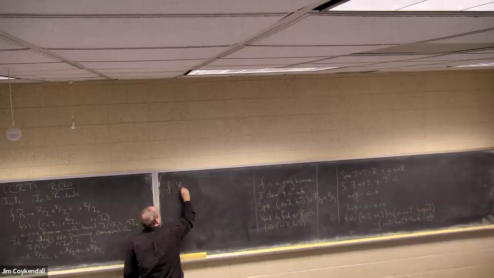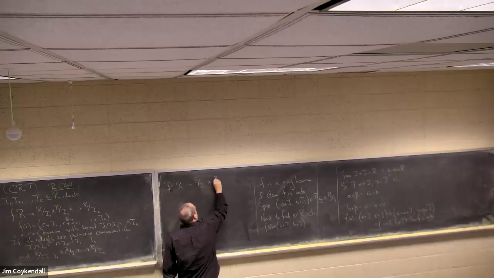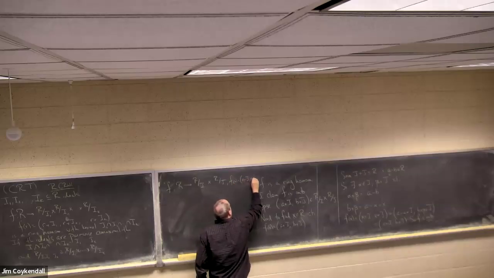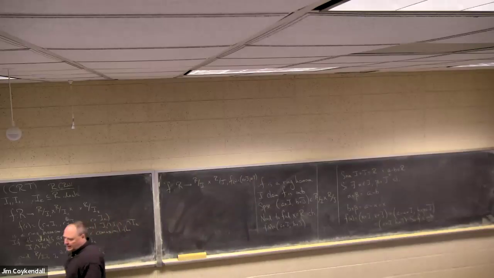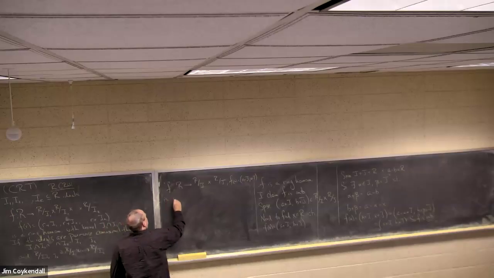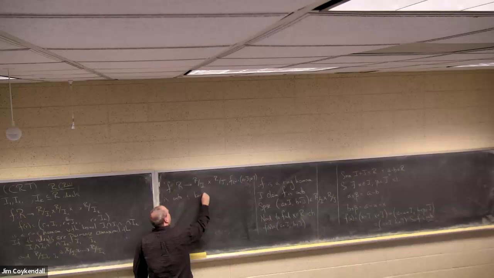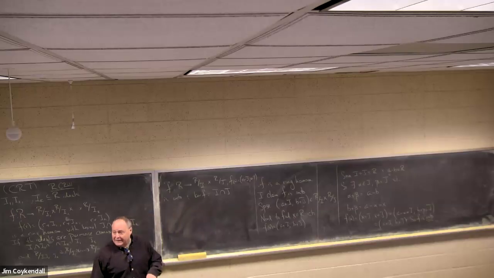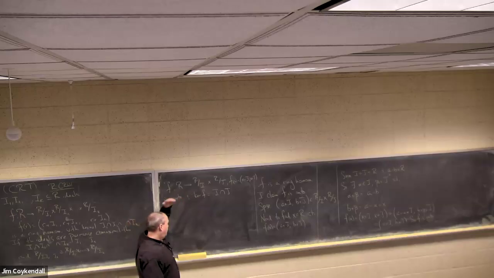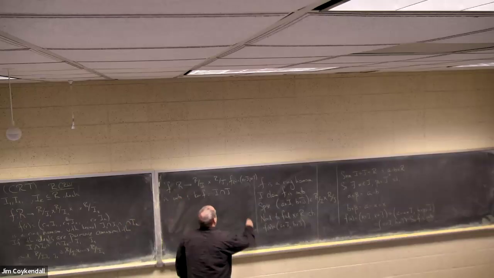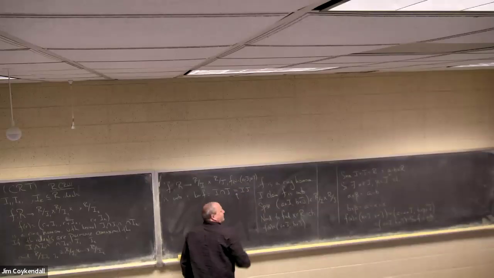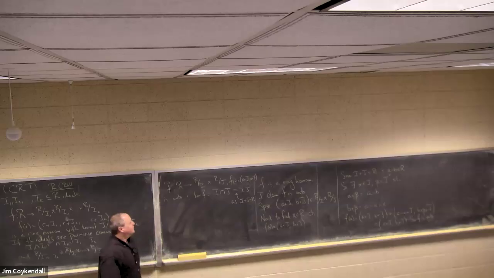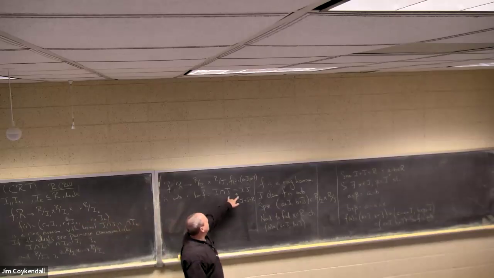So f from R to R mod I cross R mod J given by f of x equals x plus I, x plus J is onto. And the kernel of that is equal to I intersect J. We proved that last time in a more general sense, that the kernel of this map is I intersect J. And we have an equality here, I intersect J equals IJ, as I plus J is R. We proved this equality last time.